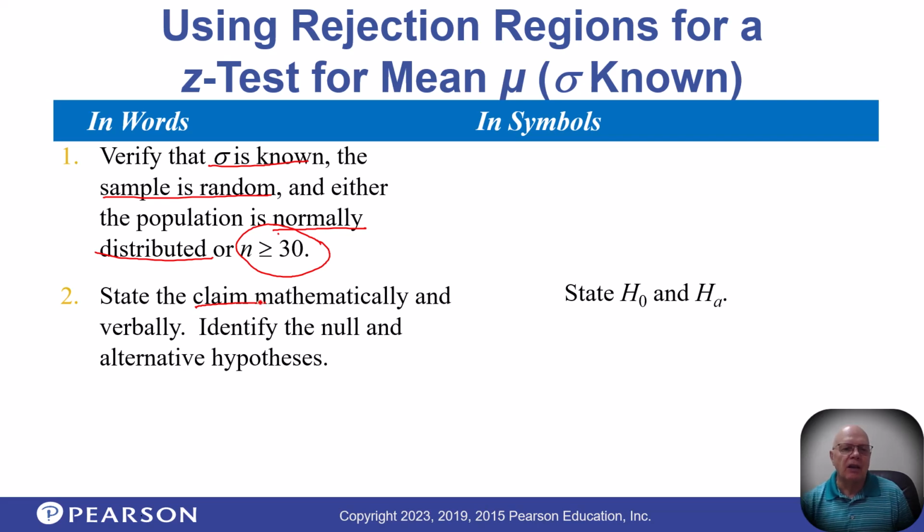Write it mathematically and its complement. Identify which one's the null. That's the one that has equals in it. The alternative is the other one. State those, and don't forget to label which one is the claim.